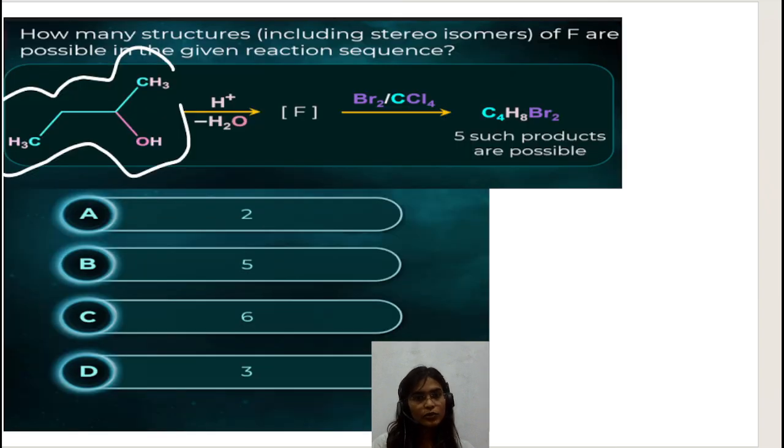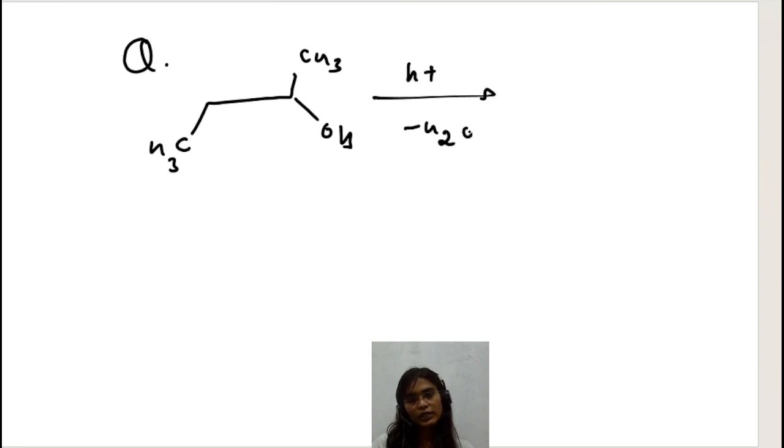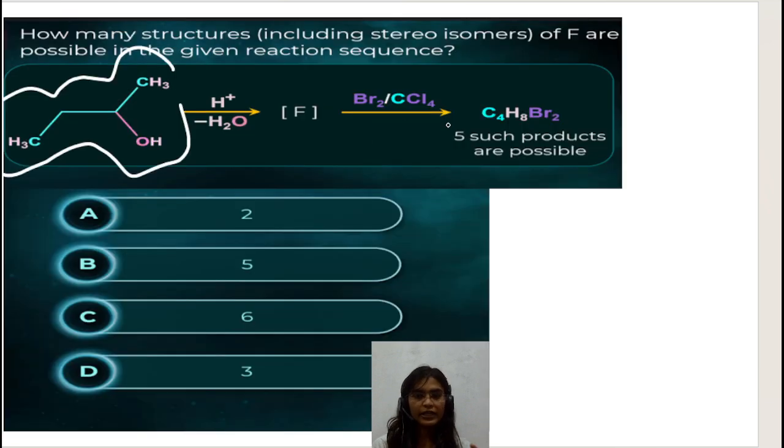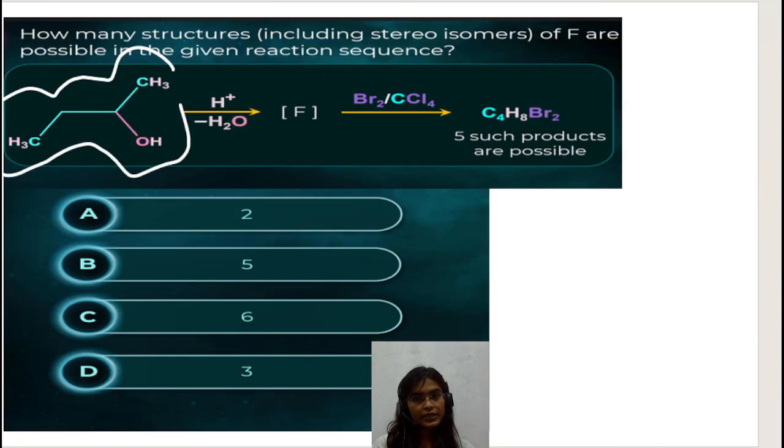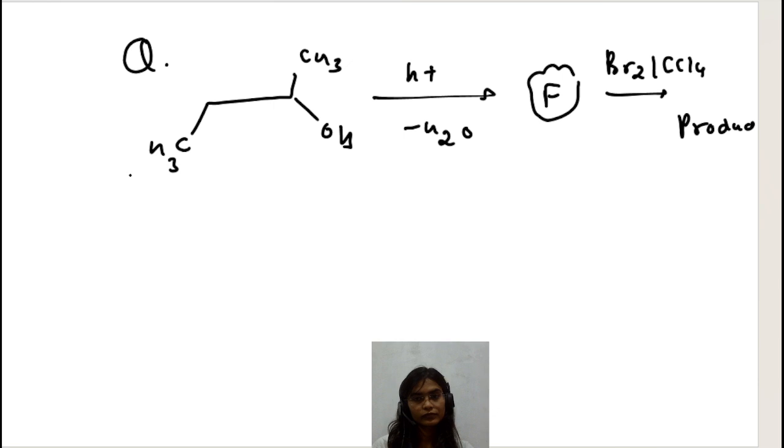Here we are using H positive, water is released, and we get some F. The question says in F, if you use Br2 in CCl4, whatever product we get has the formula C4H8Br2, and basically we end up with five kinds of product.